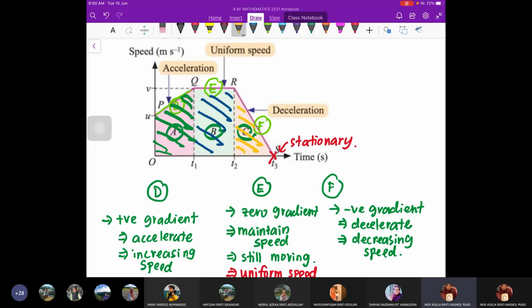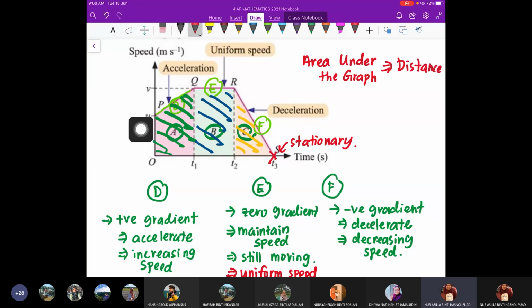Okay. So area under the graph akan bagi saya distance. Will give me the distance. Okay. Contoh kereta ni, dia mula-mula dia dah memang bergerak. Dia bergerak, masa dia daripada 0 pergi T1.